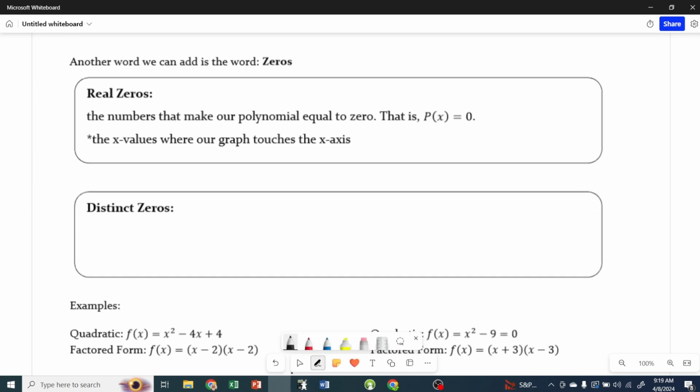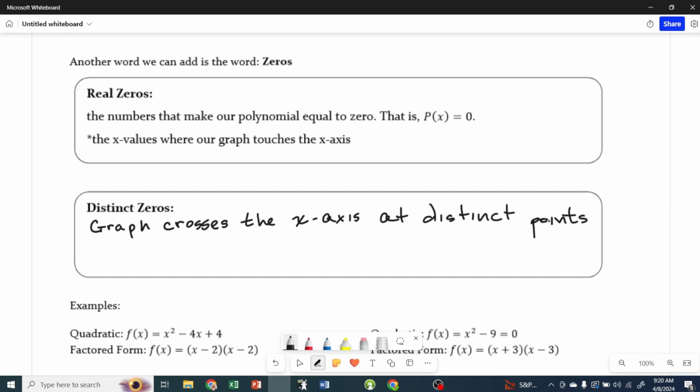Okay, a distinct zero is when the graph, right, crosses the x-axis at distinct points, not the same point. Okay?